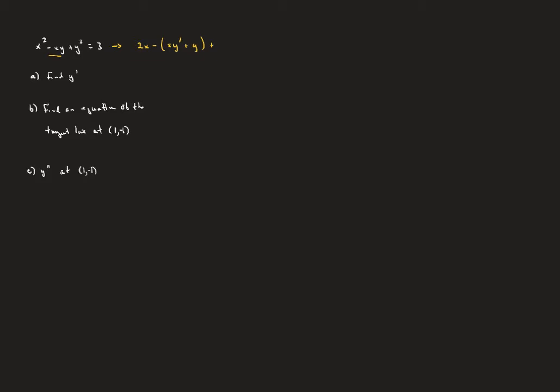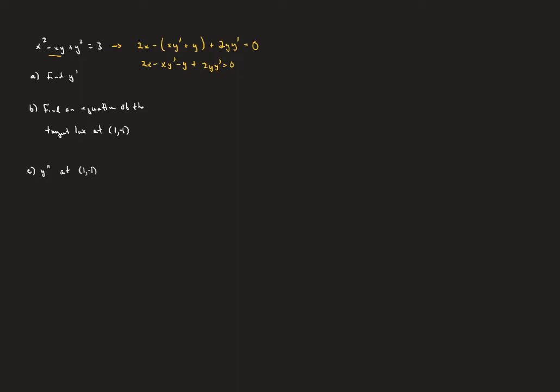And then the derivative of y squared is going to be 2y to the first times the derivative of y, which is y prime, and the derivative of a constant is 0. So we can distribute this negative sign: 2x minus xy prime minus y plus 2y y prime equals 0.